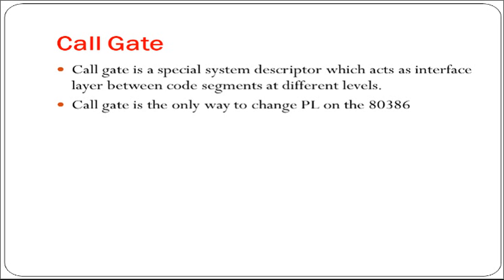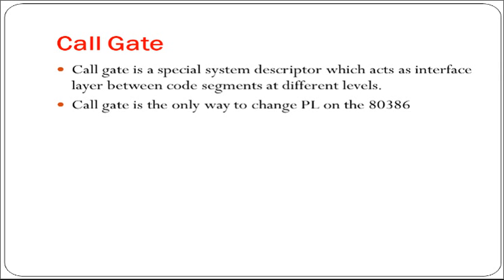A call gate is a special system descriptor that acts as an interface layer between code segments at different levels. A call gate is the only way for changing the PL on the 80386. The call gate defines a certain entry point at the higher privilege level. It never allows complete control of the higher privilege level.